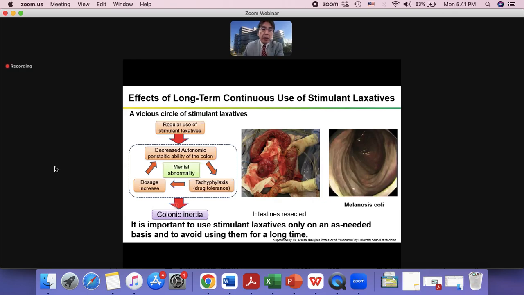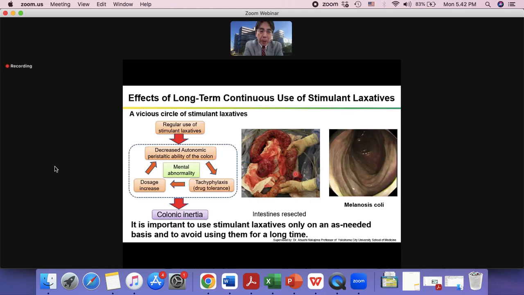This slide shows a patient who underwent a colectomy. She is a 31-year-old female who was taking 68 tablets of 10 milligram sennoside tablets, a huge amount, a laxative abuser.